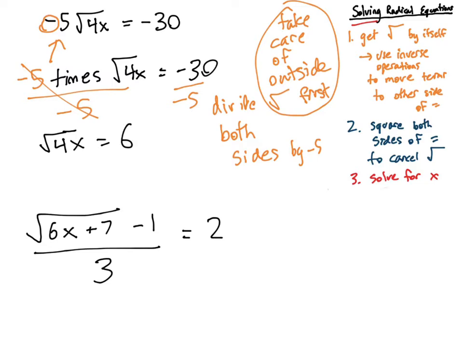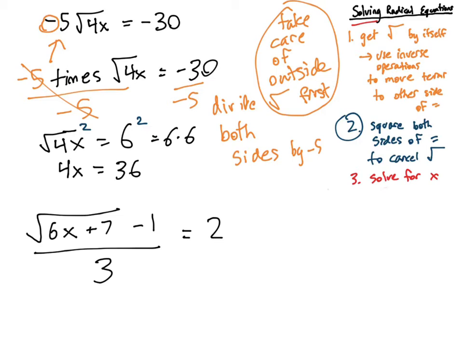So we've gotten rid of everything that was outside of our radical. Now we're ready to move on to our second step and square both sides of the equation. That will cause the radical to cancel out because a square root and a square are inverse operations of each other. So we're just left with 4x equals, and 6 squared is 6 times 6, which is 36.